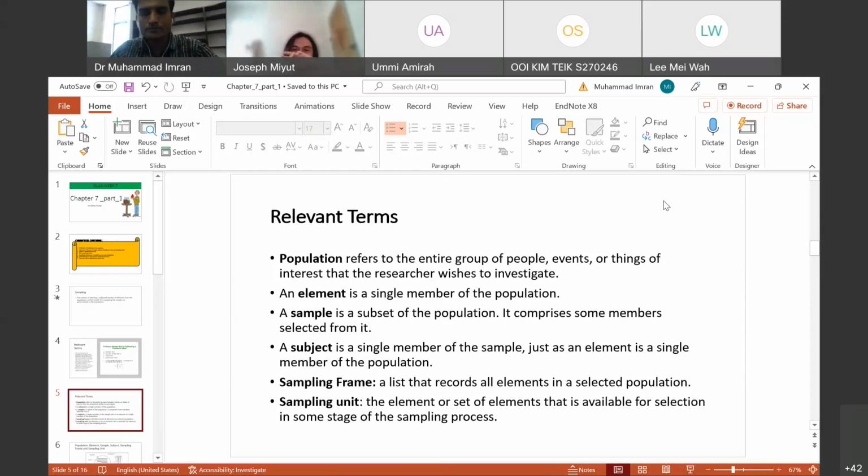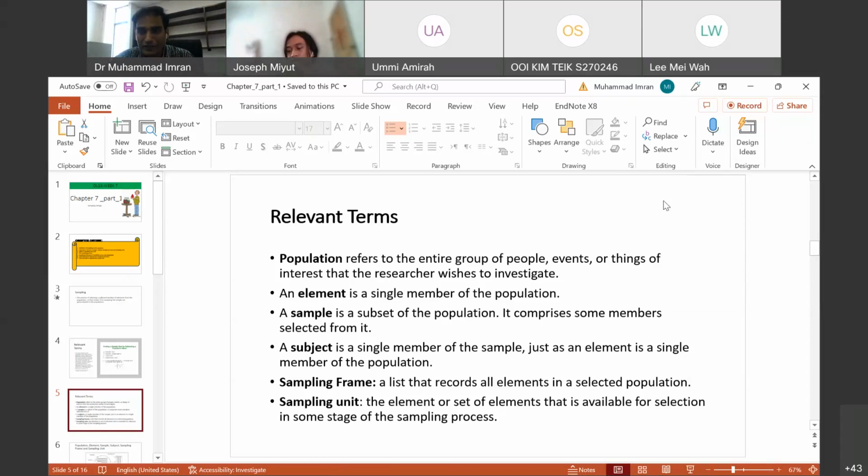Okay, so you are going to conduct research in UPSI on employee performance. You will take all the employees of UPSI. It means all employees of UPSI will be your population, because you are going to measure employee performance.